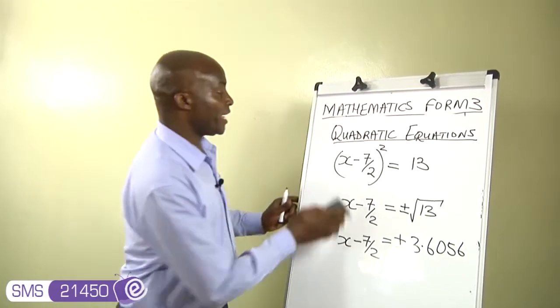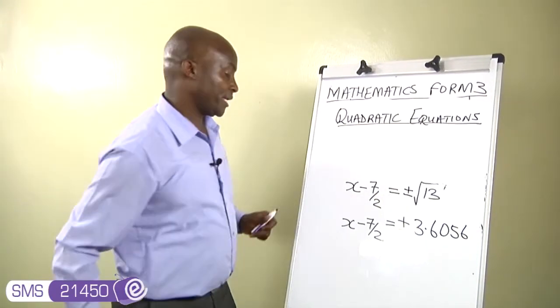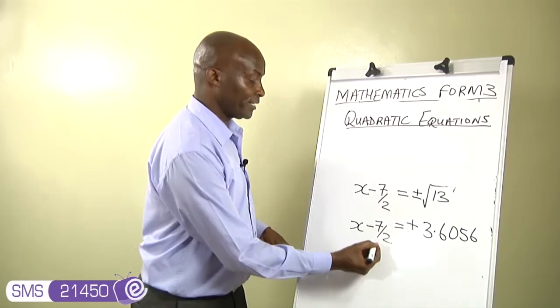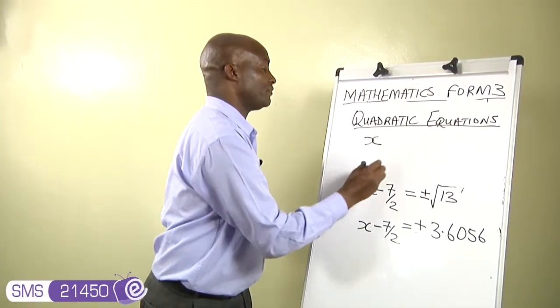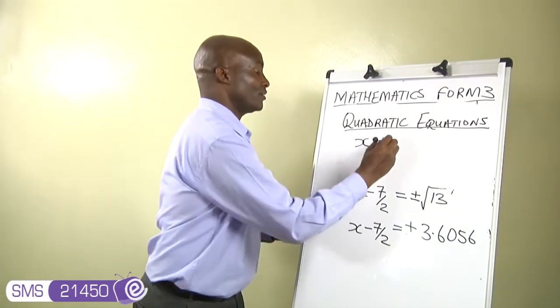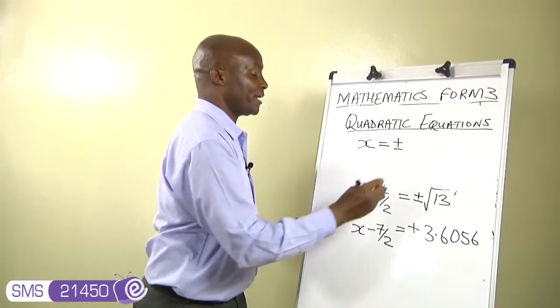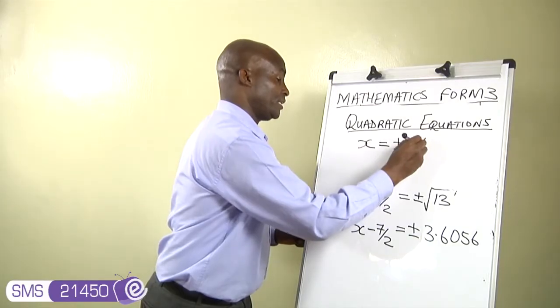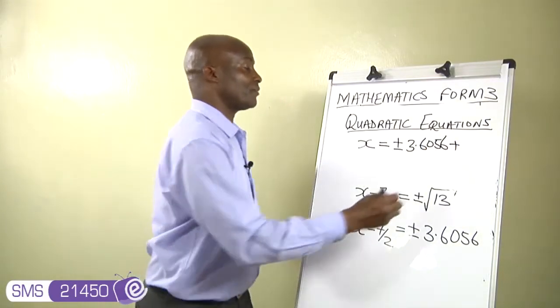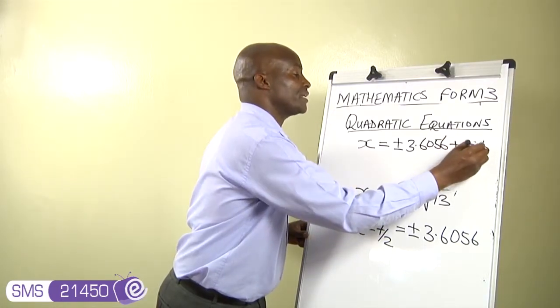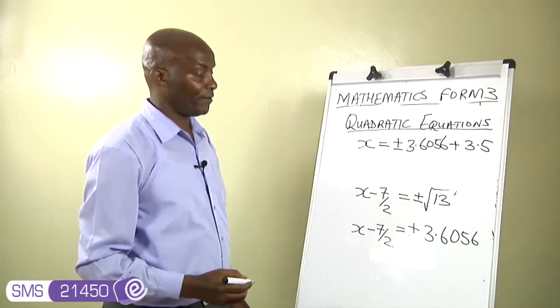And from there, we can say take negative 7 over 2 to the right-hand side, and on the left-hand side, you are left with x. So x is equal to plus or minus 3.6056 plus 7 over 2, which in decimal form can be written as 3.5.